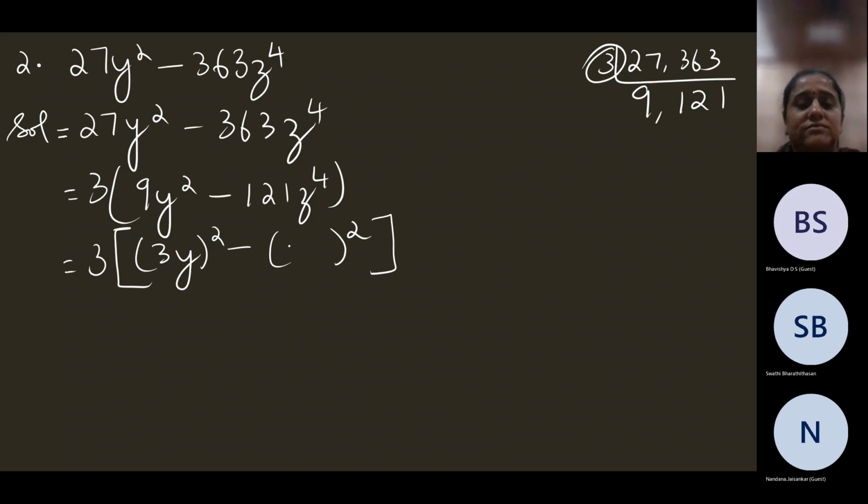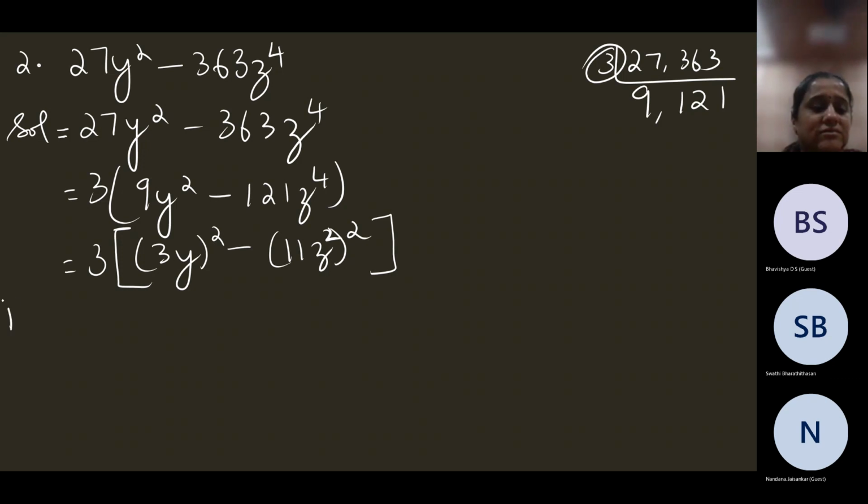And here 11 z square, ma'am. So clearly this expression in the bracket is of the form a square minus b square, which can be factorized as a plus b into a minus b. 9y square minus 121 z to the power 4 looks like a square minus b square. See there, 3y the whole square is a square, and 11z square the whole square is b square.